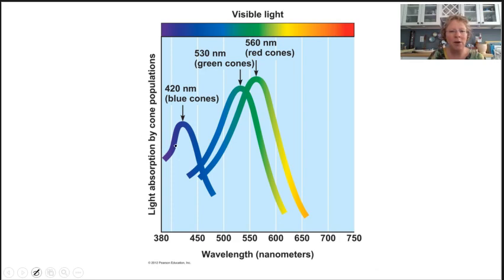So our blue cones, which are absorbing in this range, and our green cones in this range, and our red cones more in this range. So it is the pattern of cones that are stimulated that our brain interprets as different colors. It's mind-boggling.